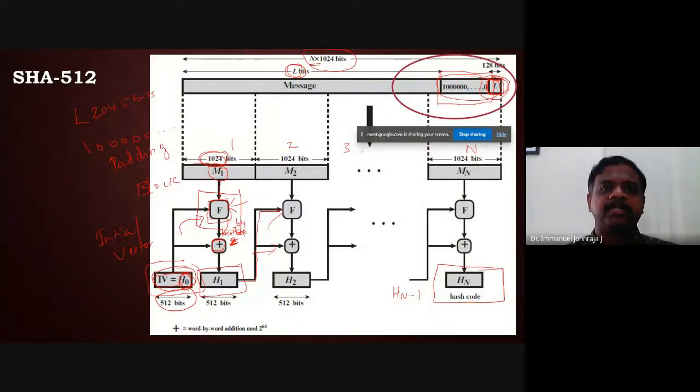The original message is taken as L, and then you go for padding. Padding is always done. The number of bits added ranges from 1 to 1024, so that the length is congruent to 896 modulo 1024, giving a space for a 128-bit value which is appended that holds the size of the original message in bits.